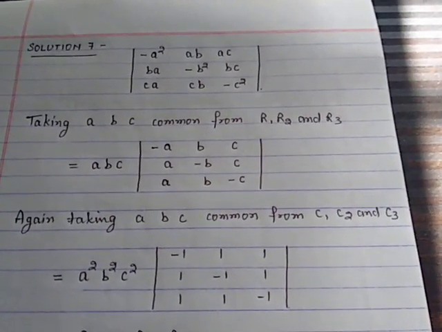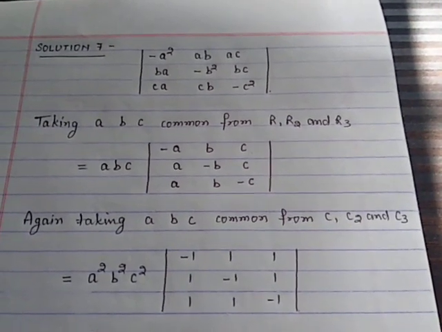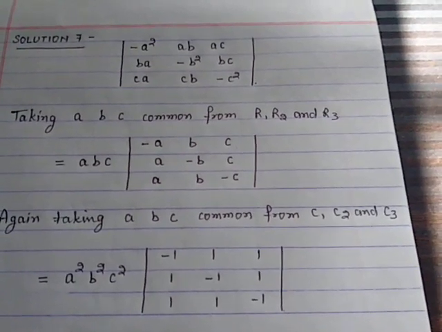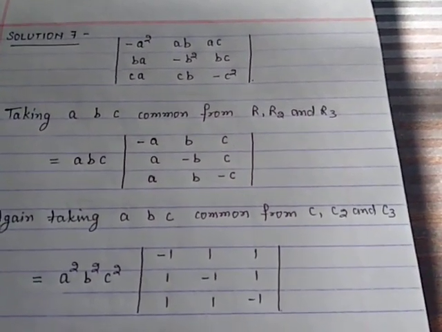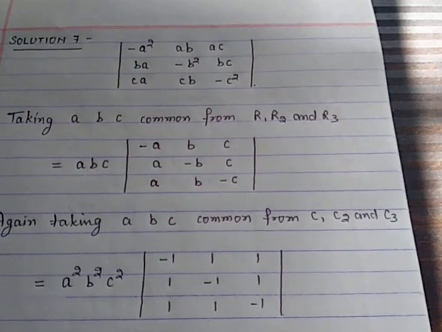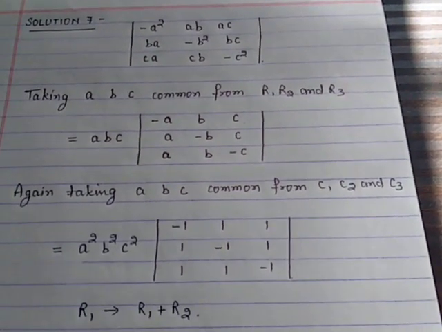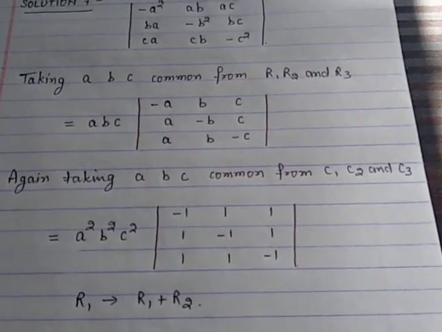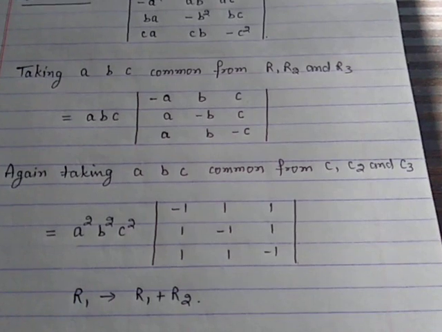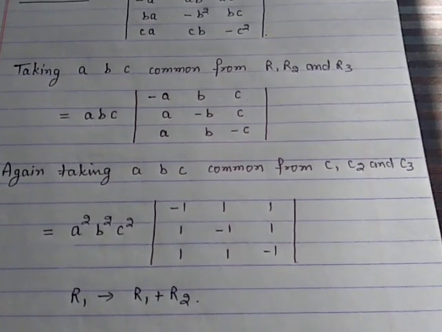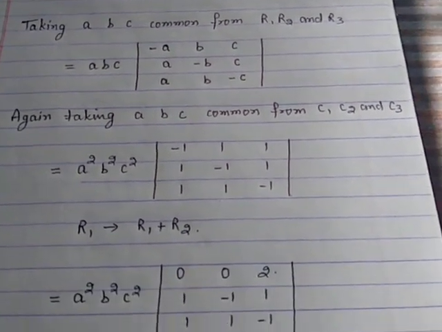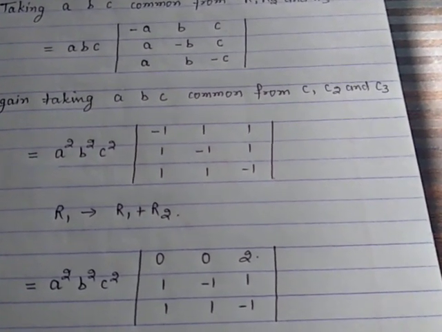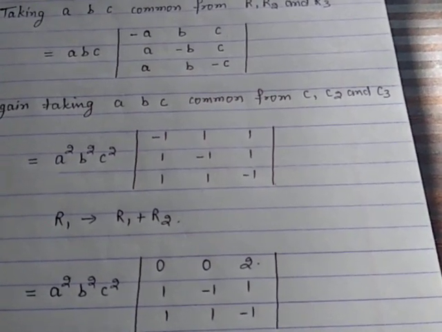Now what we have to do is bring out at least 2 zeros in any one column or row. So we have applied, in place of R1, R1 plus R2. You can see a square, b square, c square as it is.